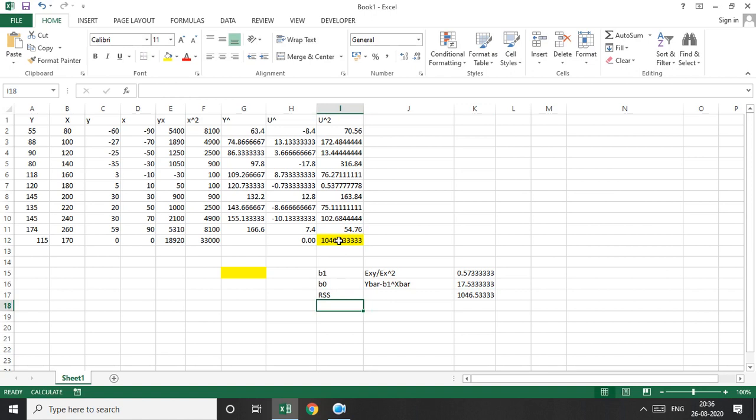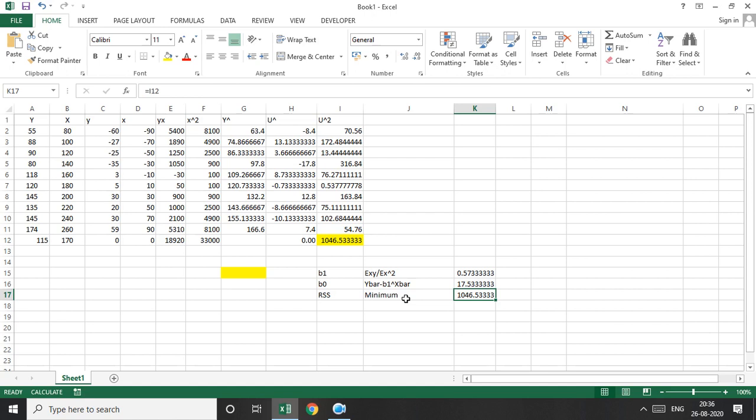This residual sum of squares is always minimum when we do the OLS. So that is the advantage of OLS. There are different assumptions for OLS. If the assumptions are true, then this RSS will be minimum. That is one of the main advantages of the OLS method.